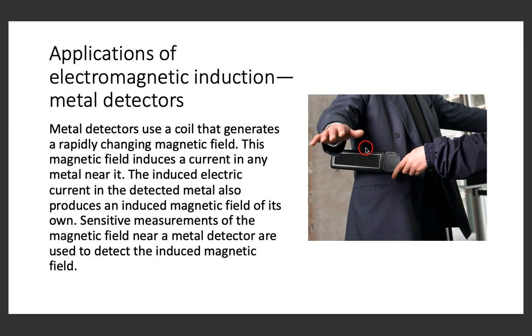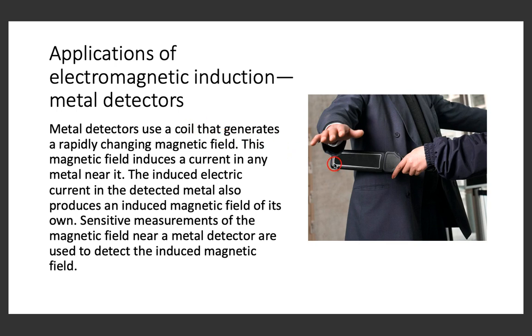And now that induced current is going to generate its own magnetic field, as it turns out. We call this the induced field. And sensitive measurements can be made that actually pick up that induced magnetic field. So there's actually sensors inside this metal detector that are able to pick up the induced magnetic field that's created.